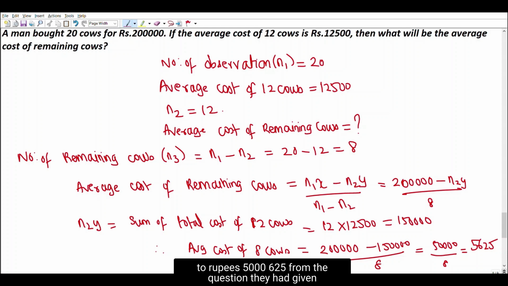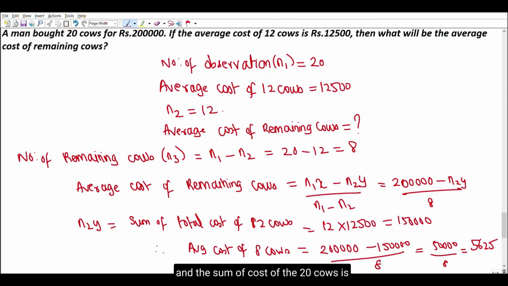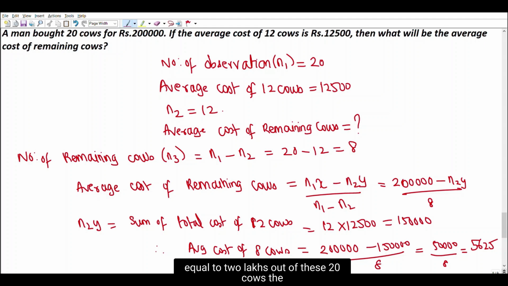From the question, they had given that the total number of observations is equal to 20 and the sum of cost of the 20 cows is equal to 2 lakhs. Out of these 20 cows, the average cost of 12 cows is equal to 12,500. Therefore, the sum of cost of 12 cows is equal to 12 into 12,500, which is equal to 1,50,000.